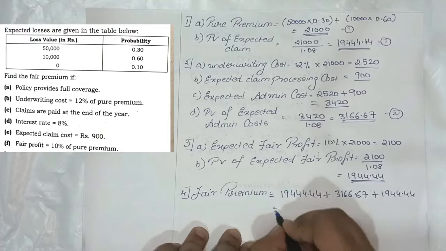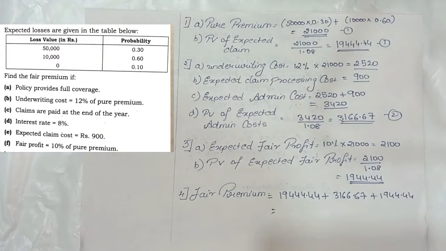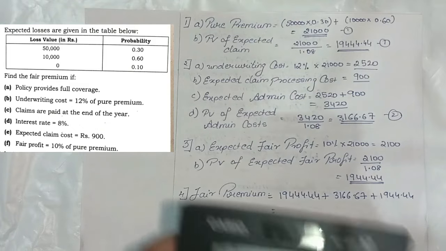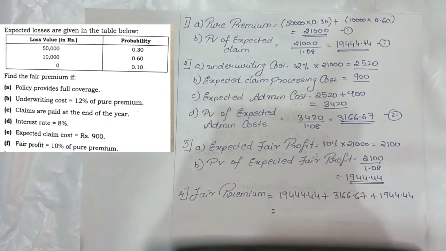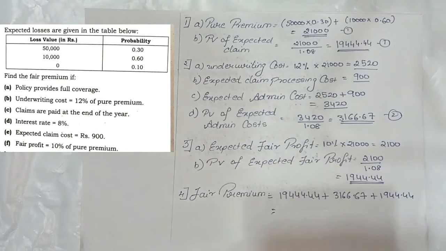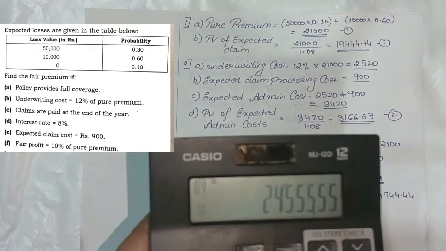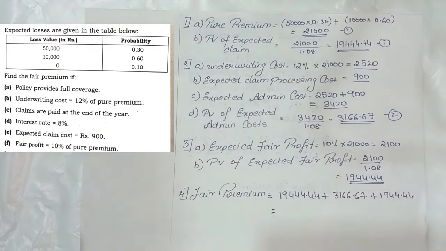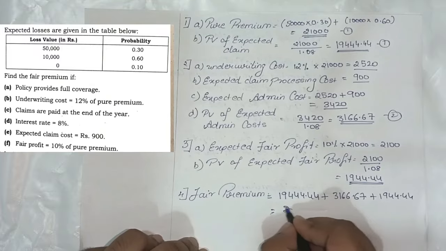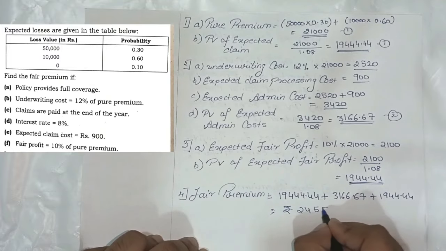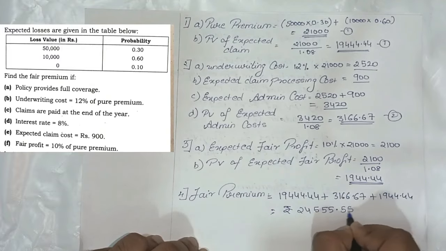When we add up on the calculator, the value that we should get is 24,555.55. So that will be the final answer, 24,555.55.